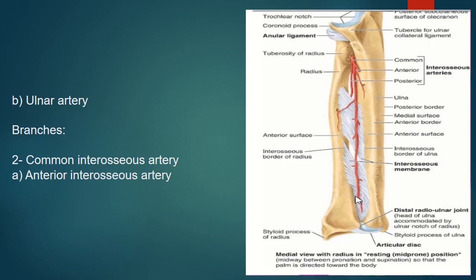When it enters the posterior compartment, it reinforces the posterior interosseous artery in the lower part of the posterior compartment. The posterior interosseous artery diminishes in the lower part of the posterior compartment of the forearm, and it is replaced by this anterior interosseous artery.